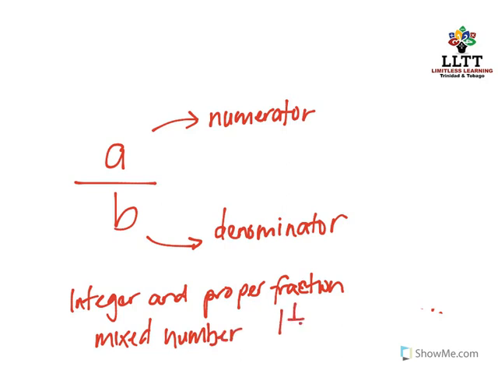So 1 and 1/2, a mixed number. 4 and 17 over 21, mixed number. Negative 4 and 1/7, also a mixed number. So once you have an integer as well as an accompanying proper fraction, this is known as a mixed number.